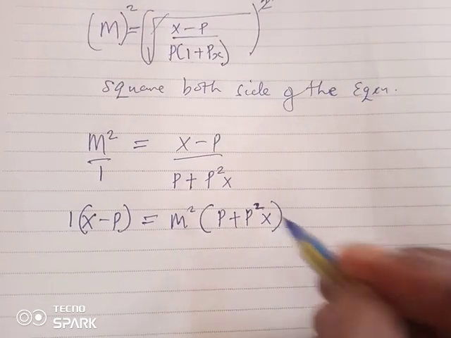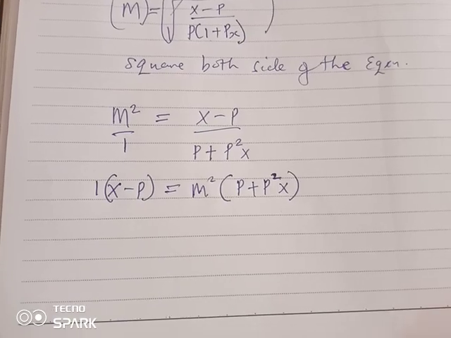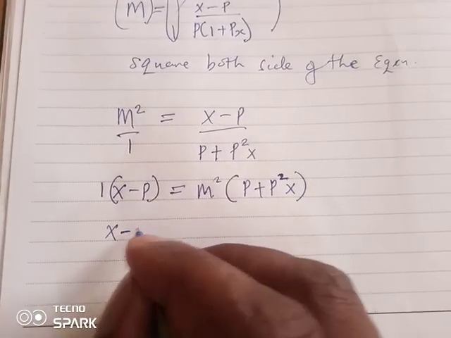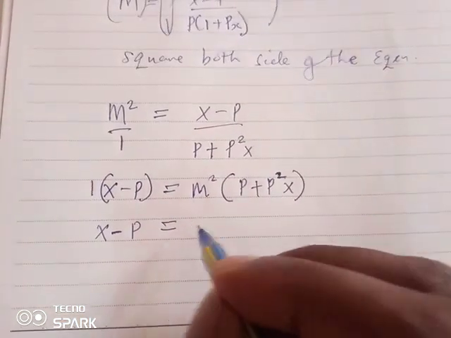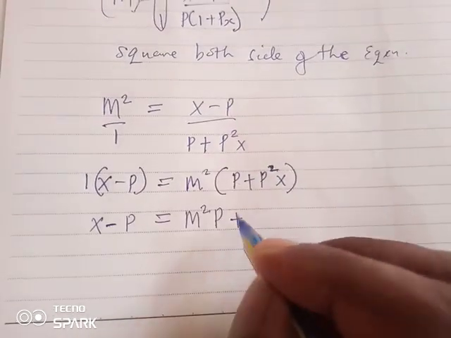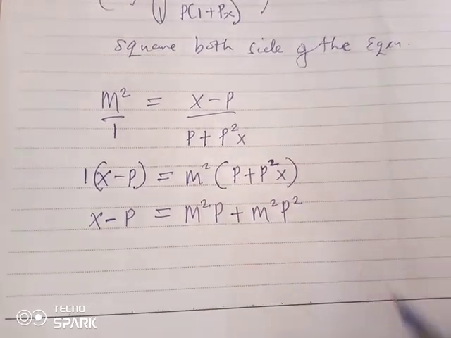So let's pay attention, guys. This is easy. Breaking the bracket, we shall have x minus p, which is equivalent to m squared p plus m squared p squared x.